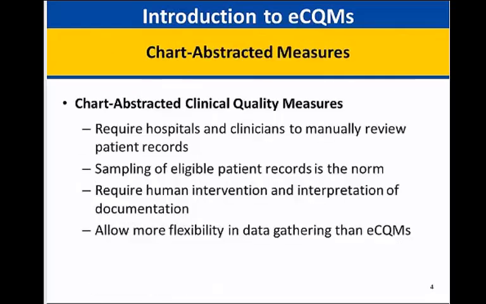Now, with chart abstracted data, you have a lot more flexibility in that the data may reside in multiple places in a patient record. The abstractor can manually flip through the record looking for the data. If there are discrepancies in the data, the abstractor can make a decision as to which data point is accurate.